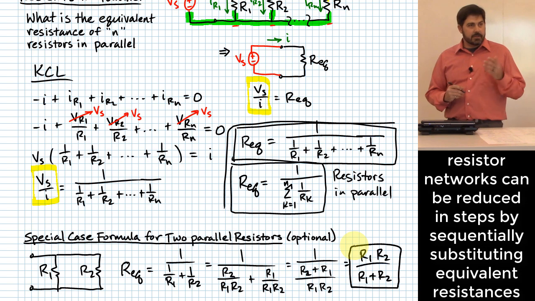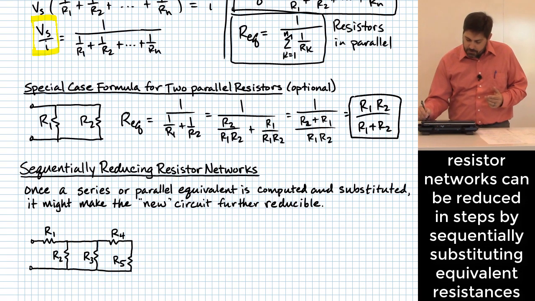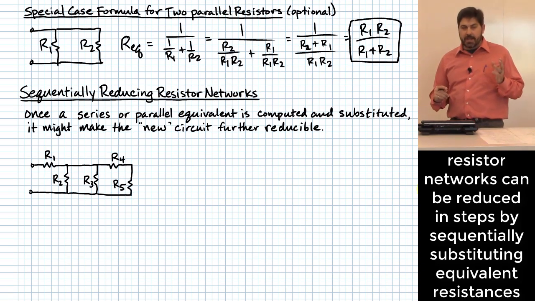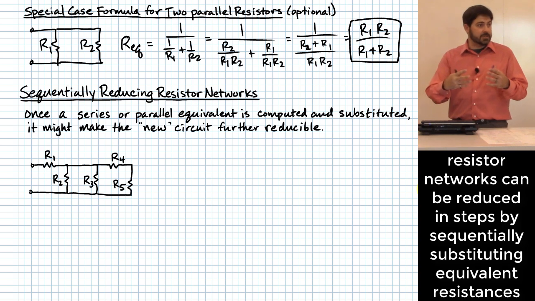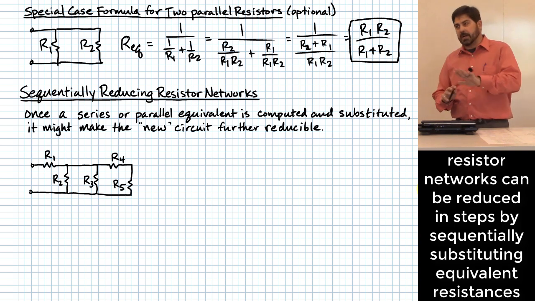All right. One of the other reasons it's handy to be able to do equivalent resistances is that we can sequentially apply equivalent resistance techniques, and we can reduce what ends up being a pretty big resistor network that might have some series relationships and some parallel relationships.